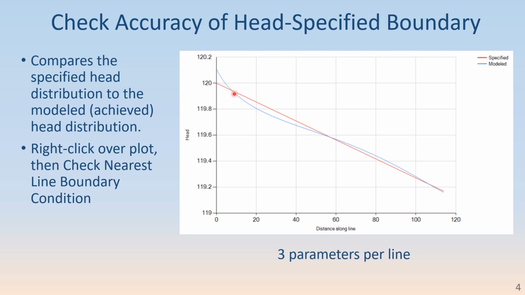And remember, there were 3 parameters per line, so there are 3 places here, here, and here where those control points are and where the modeled head is exactly equal to the specified head. In between those, it's approximate, but a pretty close approximation. And in many cases, you can get reasonably good accuracy with just 2 or 3 parameters per line on these things.